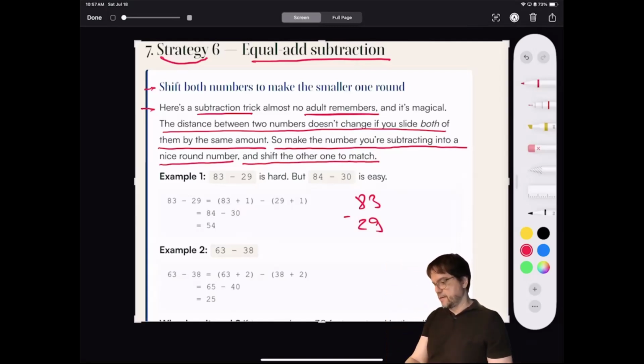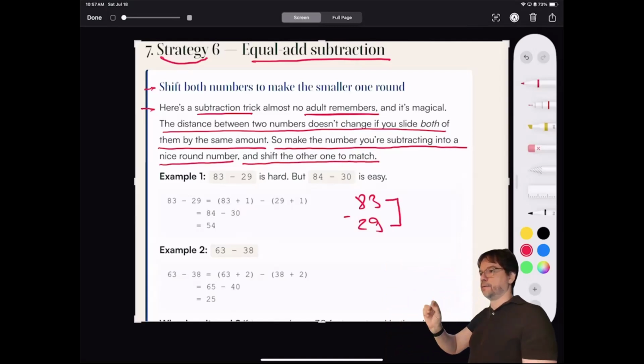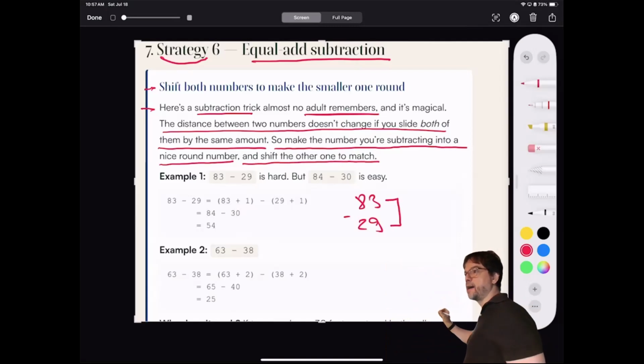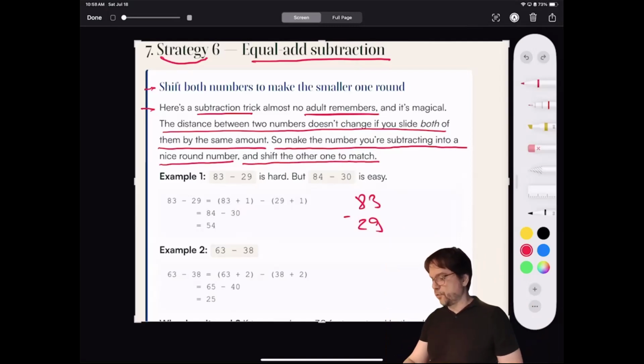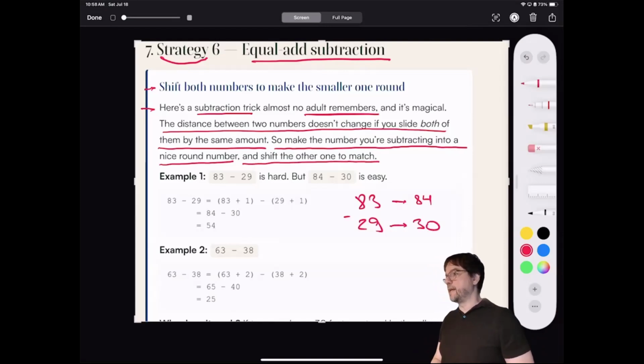you have a distance from 83 to 29. Are you imagining a line and putting 83 and 29 on it? If instead of 83 I put 84, and instead of 29 I put 30, did I change the distance? Yes or no?